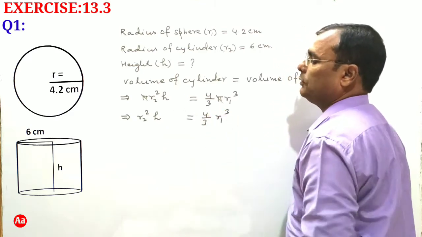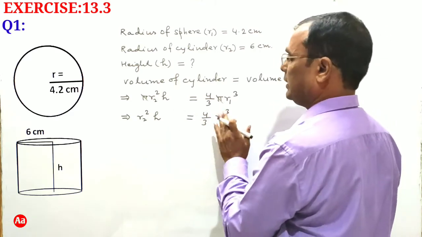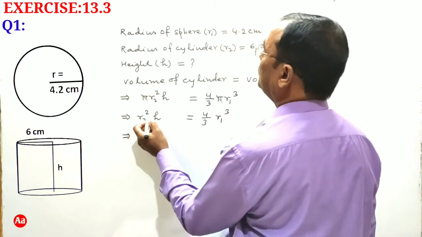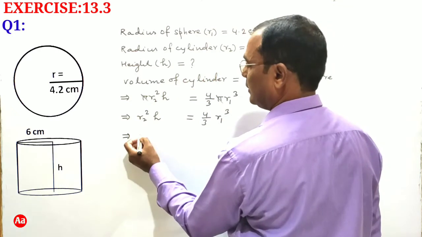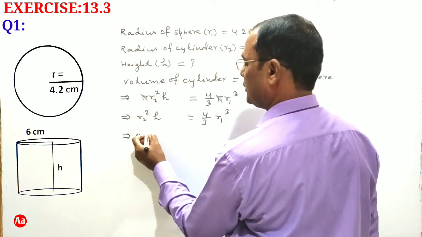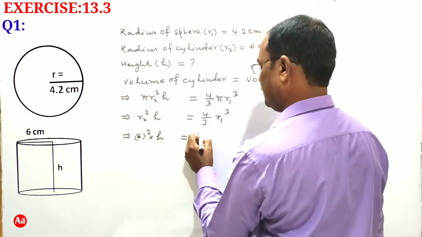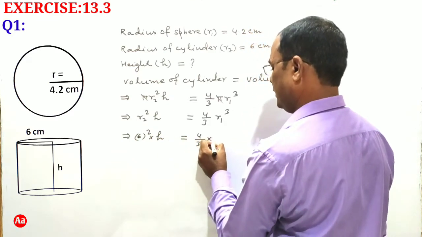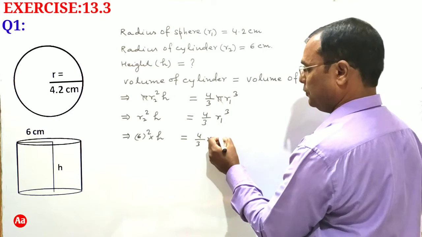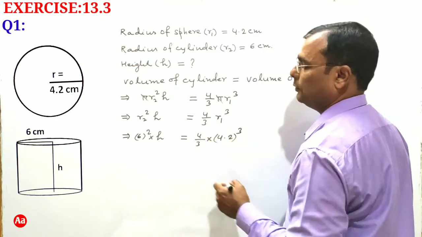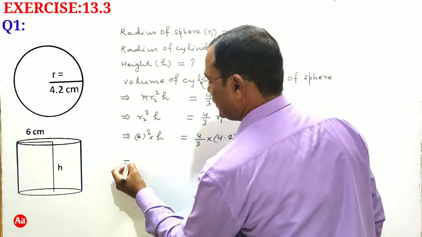Now let's put values of R2 and R1. So R2 is 6 centimeter, so 6 square into H is equal to 4 by 3 into R1, 4.2 centimeter, cube.